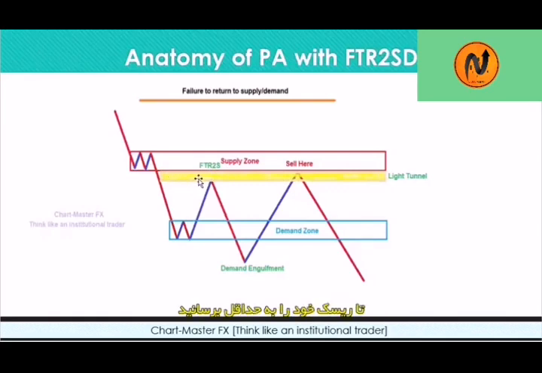This actually helps you to minimize risk, because if you have a failure to return somewhere here and your light channel is great, then you have a problem. You have a problem because if the market reacts against you, it means your stop loss will be here. So once your stop loss is hit, then you have lost a lot of money out of there. So you need to make sure that your light channel is significantly low.